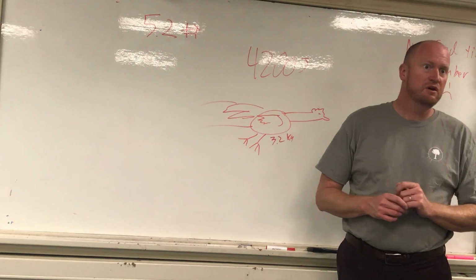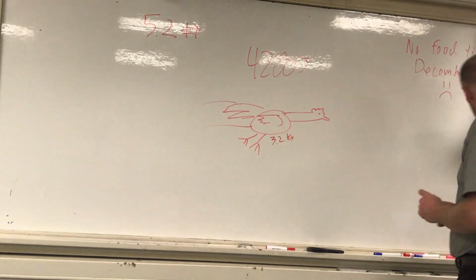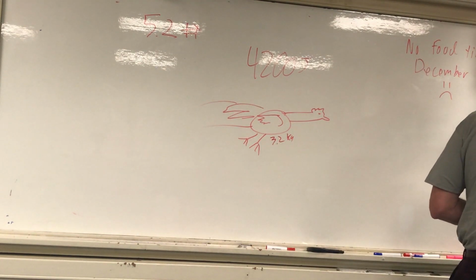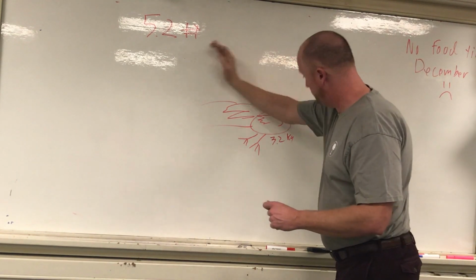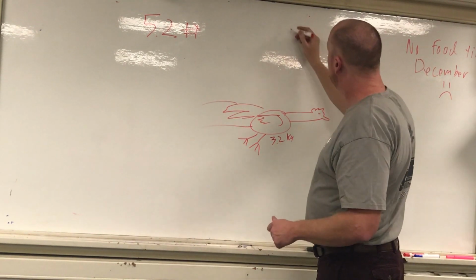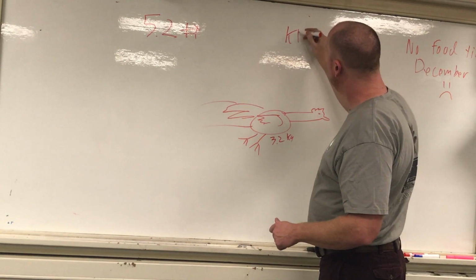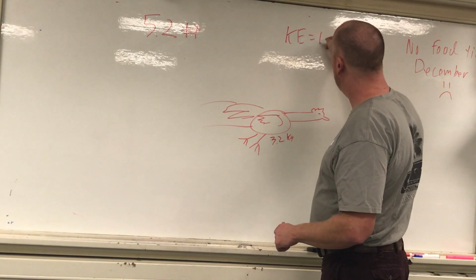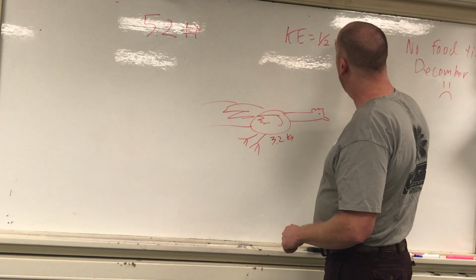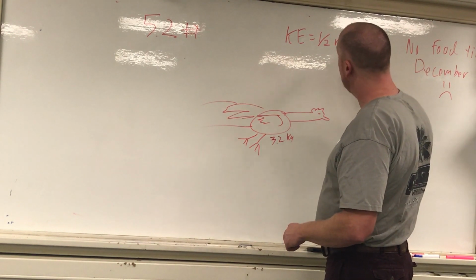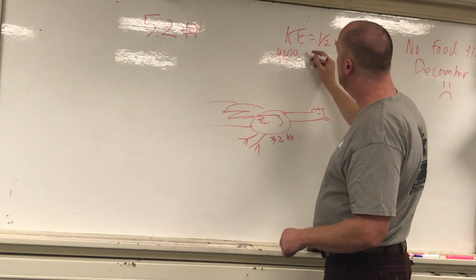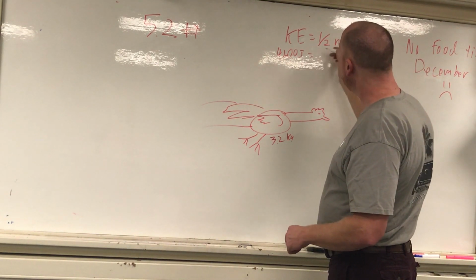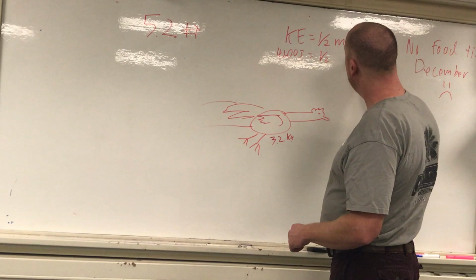So, we're going to take our formula and plug it in. Kinetic energy is equal to 1/2 mv squared. We have our kinetic energy, that is 4,200 joules. What we're trying to find is the v squared.